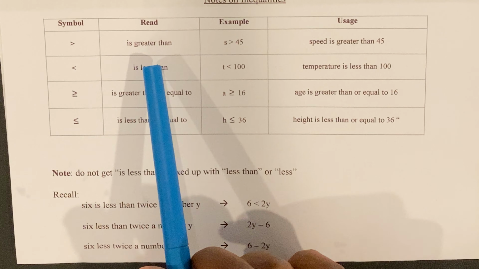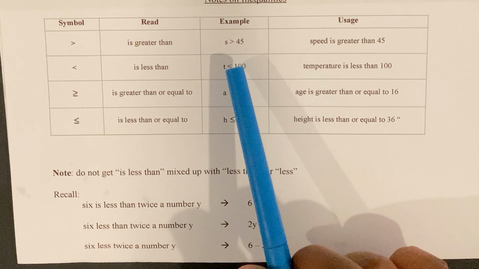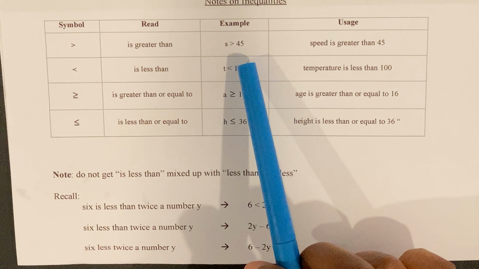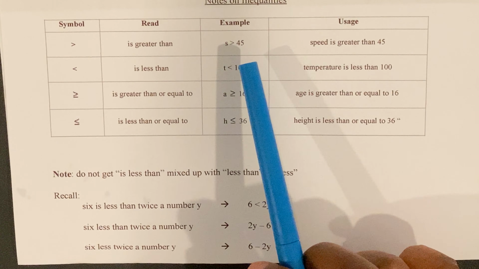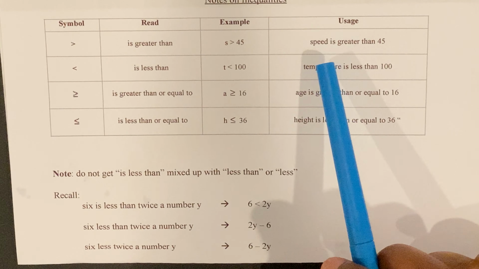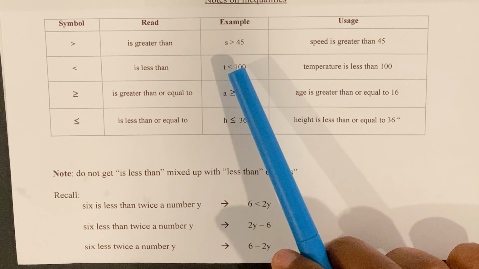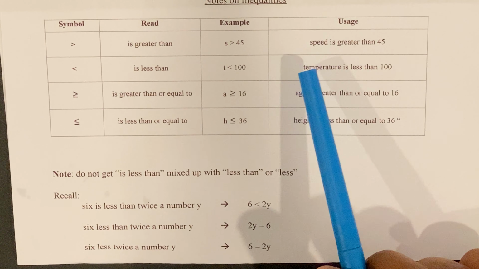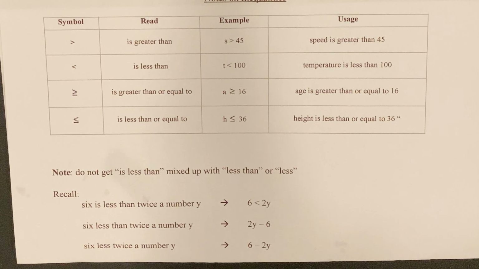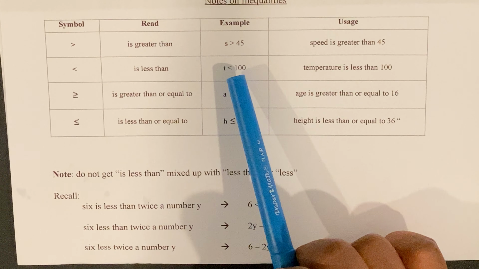So if I have my greater than symbol, what this example is saying is S is greater than 45. So whatever this number is here is going to be a bigger number than 45. We could say S is our variable that stands for speed. Speed is greater than 45. That means everything that is above 45, starting at 46, could be the answer.